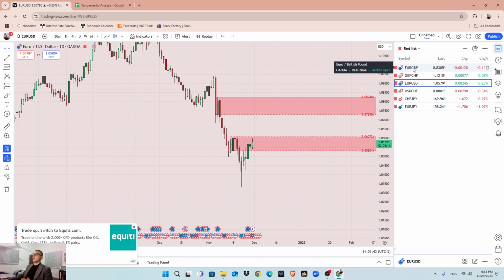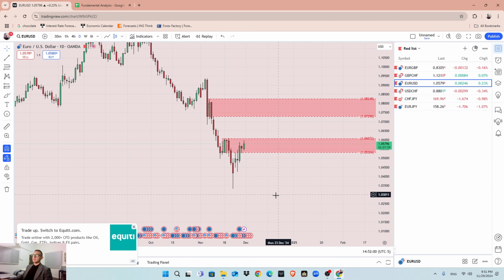And since I'm already taking the euro into consideration with euro pound, I would like to take different central banks than the ECB and the Bank of England in another trade idea. That's why I did not take a short position in this area.